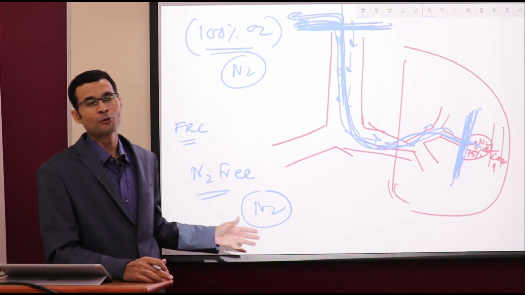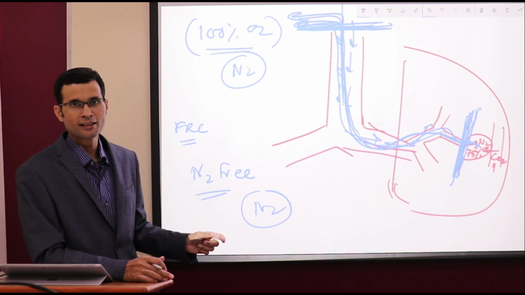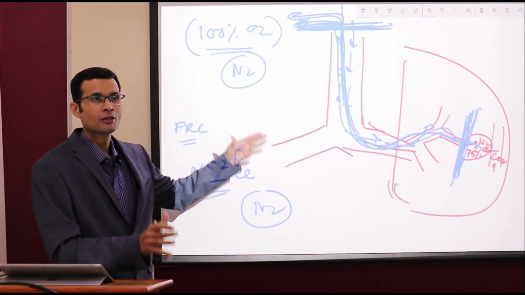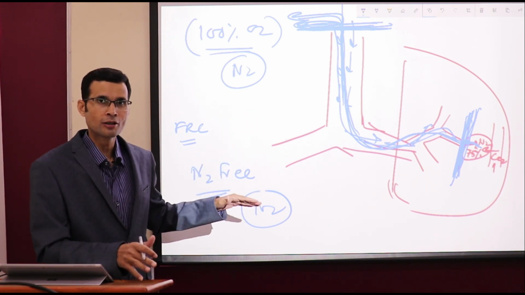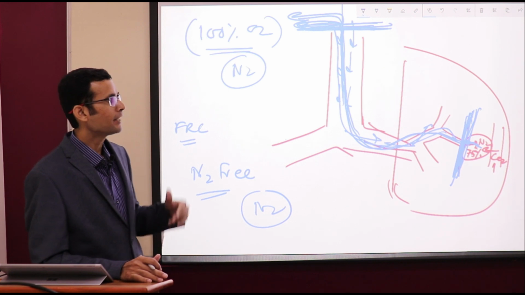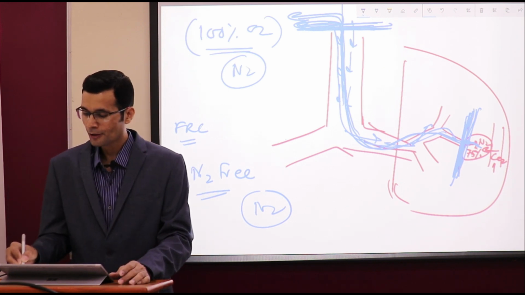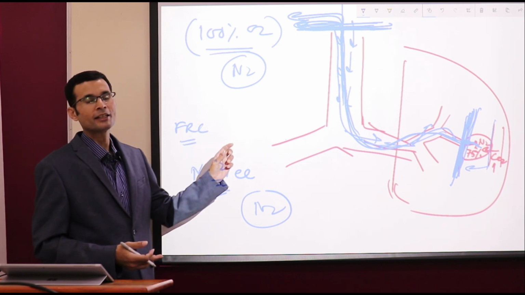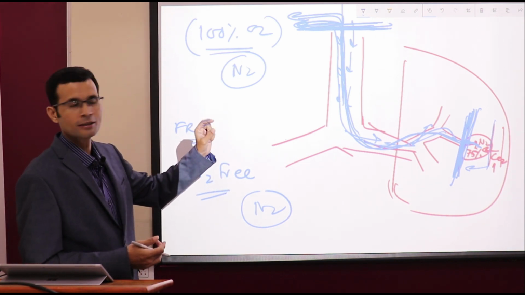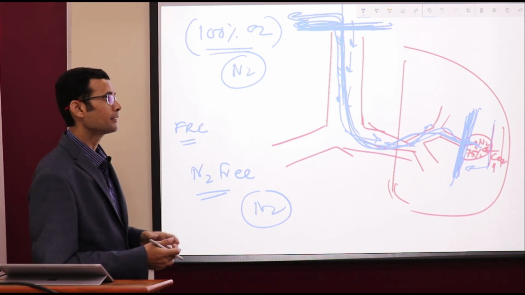That will have nitrogen in it. We will analyze it. How much of the volume did not contain nitrogen at all? It was nitrogen free. And then how much came from the alveolus? From that we can derive the volume of the anatomic dead space.